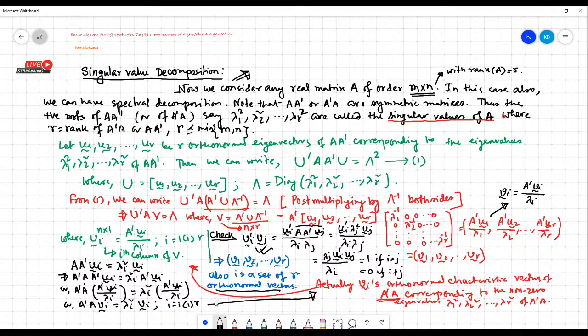Hence Vi curl are orthonormal characteristic vectors of A prime A corresponding to the non-zero eigenvalues lambda 1 square, lambda 2 square, lambda r square of A prime A. Okay.